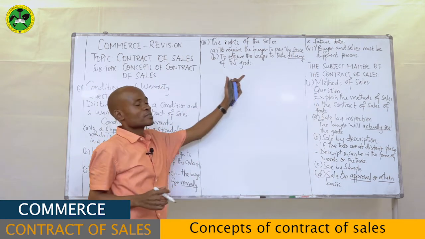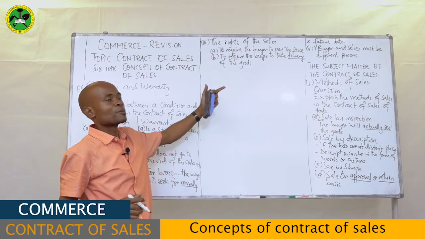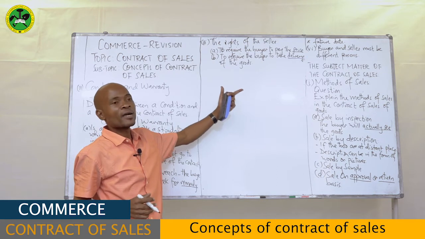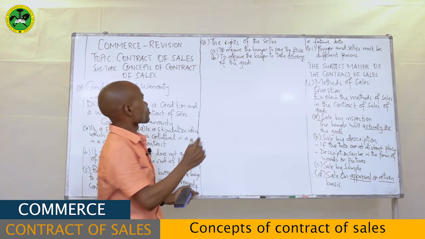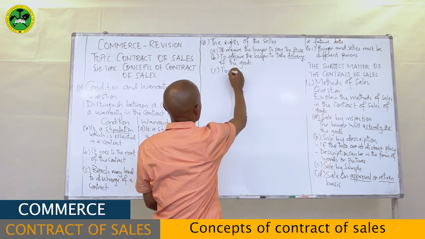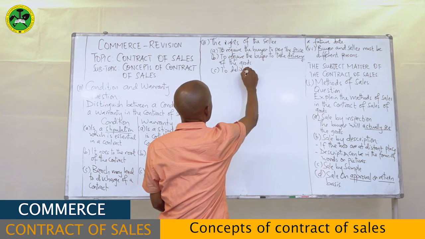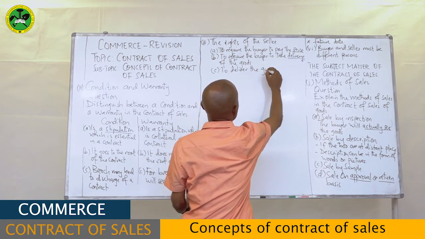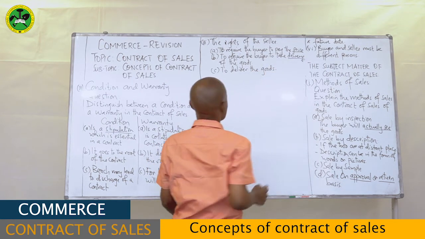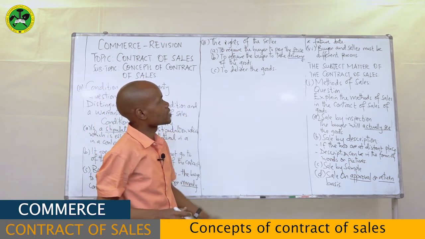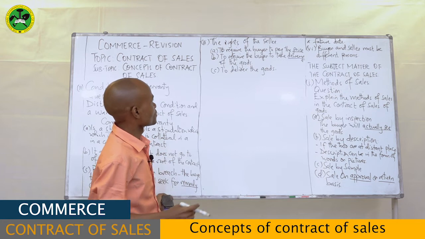But sometimes the seller also may be required to deliver the goods in case the buyer applied for it. So the other one can be to deliver the goods. So this is the third thing about the subject matter of contract of sales.